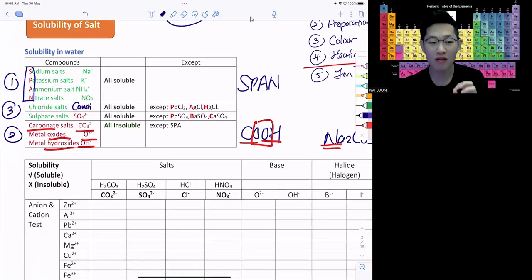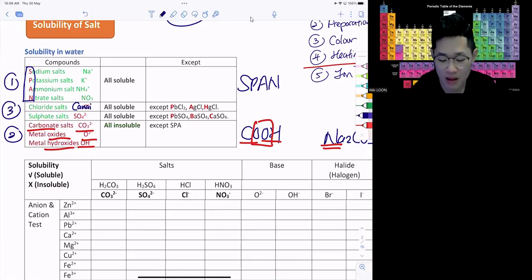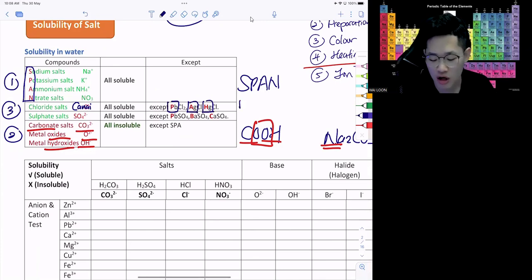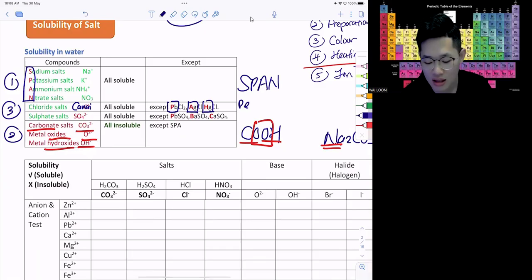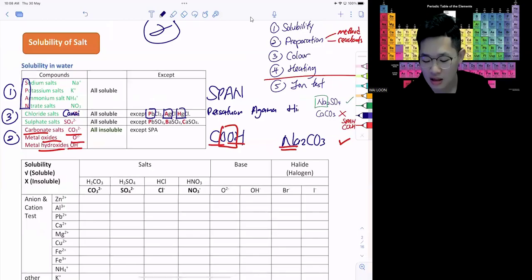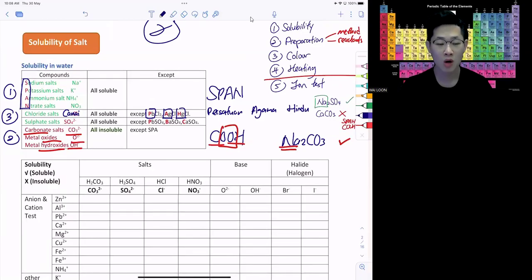Because chloride salts are mostly soluble, all the time, except for Pb, Ag, Hg. We call it Persatuan Agama Hindu. When Persatuan Agama Hindu pairs with the roti canai, it is insoluble.